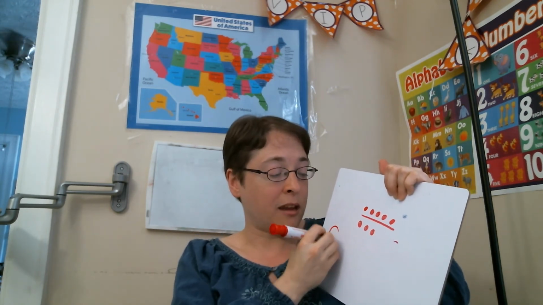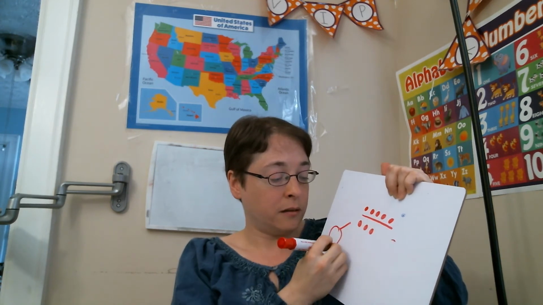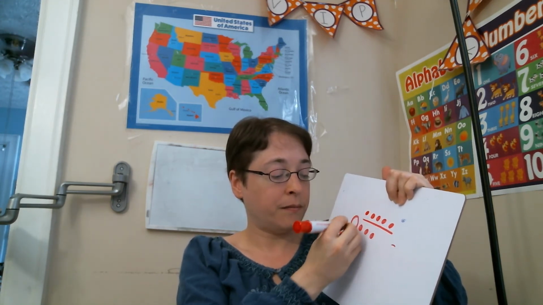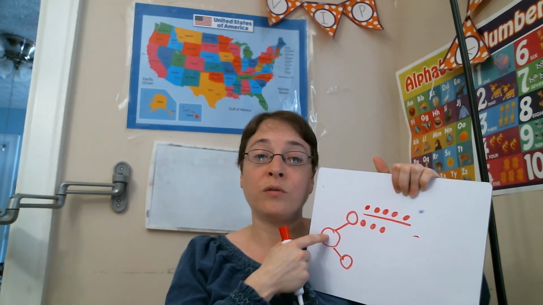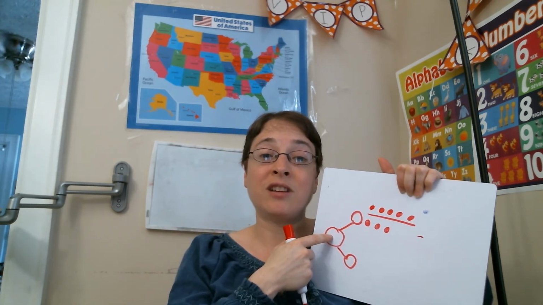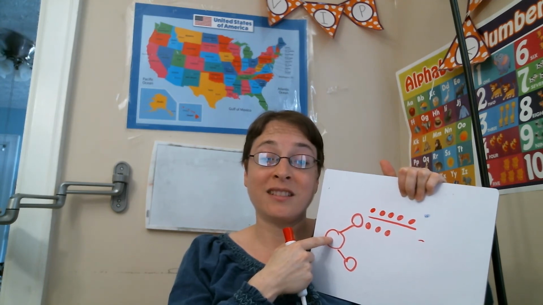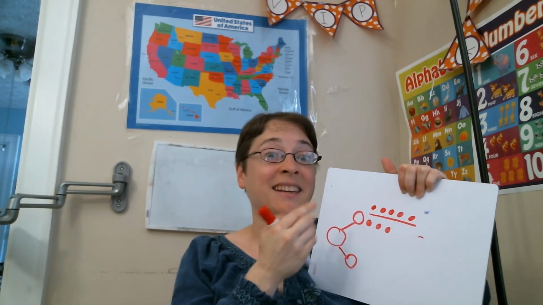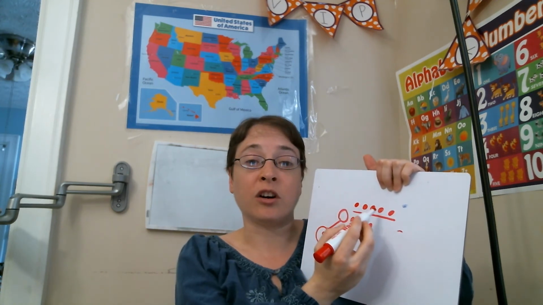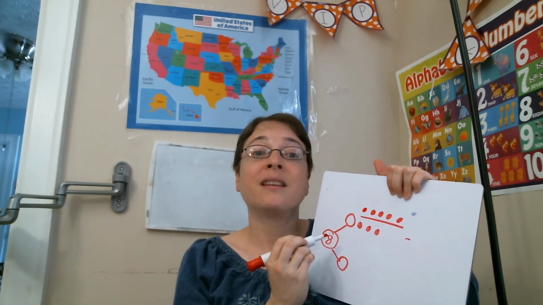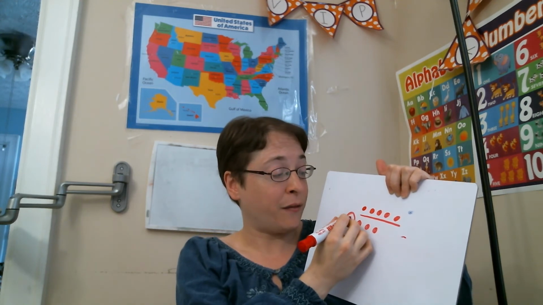Can you make your number bond? So what number is the whole? How many dots are all together? 8, that's right. How many dots are on the top? 5.